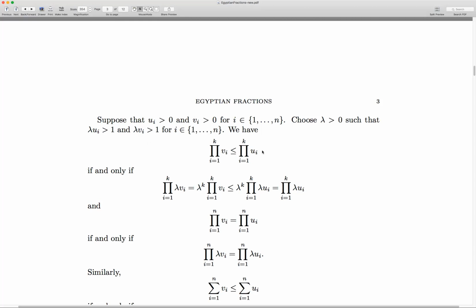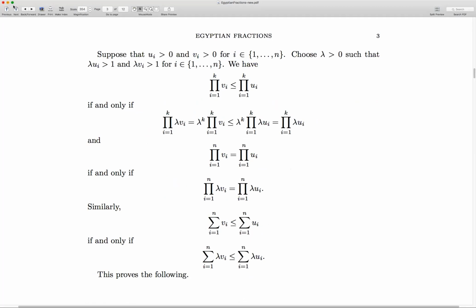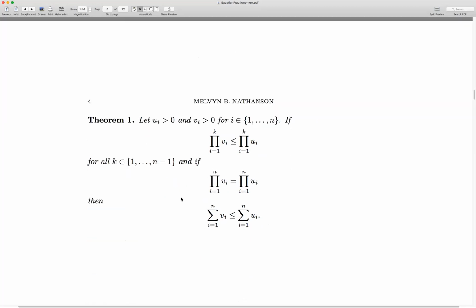Then this condition on the partial products holds if and only if it still holds when you multiply by lambda. And this condition on the full product holds if and only if the condition holds when you multiply the U's and the V's by lambda. And similarly, our conclusion that this inequality obtains is true if and only if this is true. So when you put that all together, we have the following kind of corollary of Muirhead.